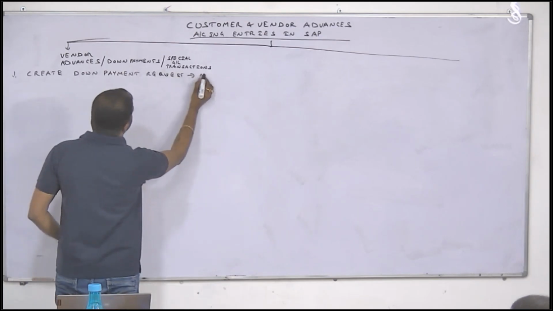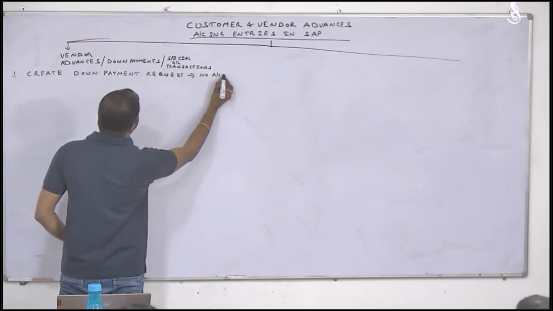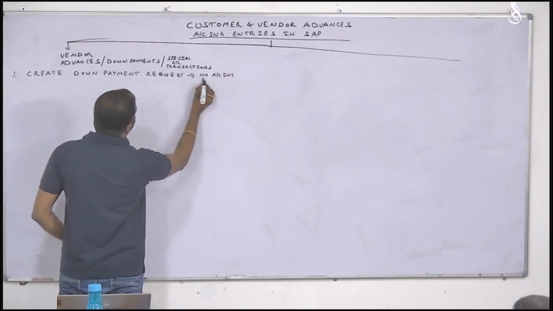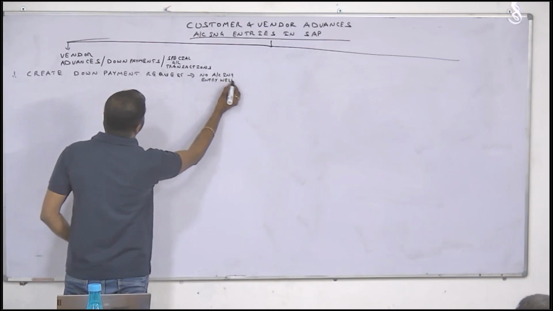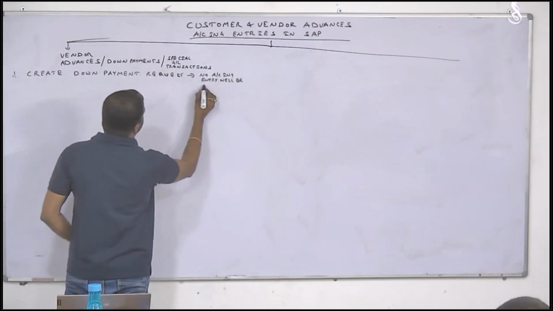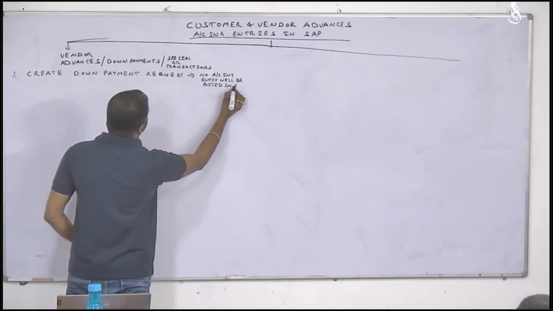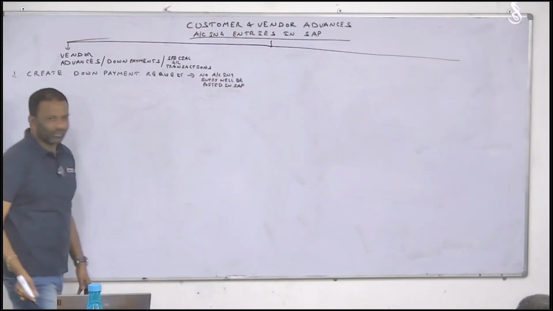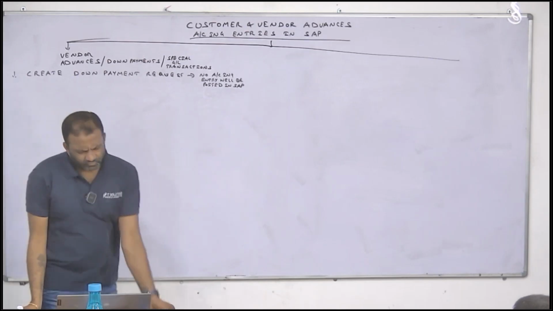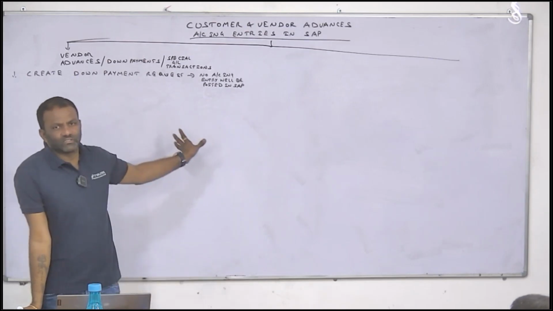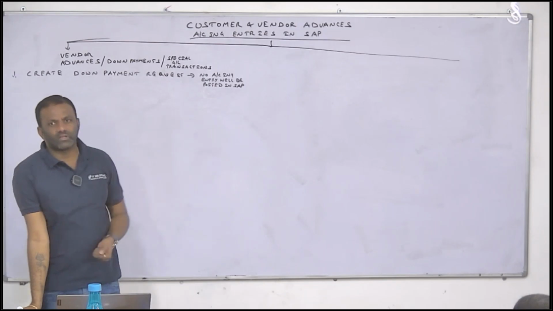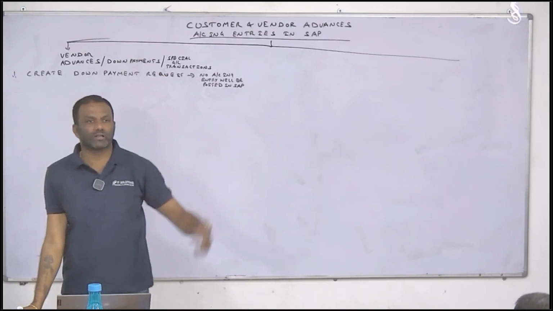As usual, here no accounting entry will be posted. Not only in SAP, even in real time, whatever software they are using, this is just a request. We have raised it: this much amount we should pay to the vendor as an advance.